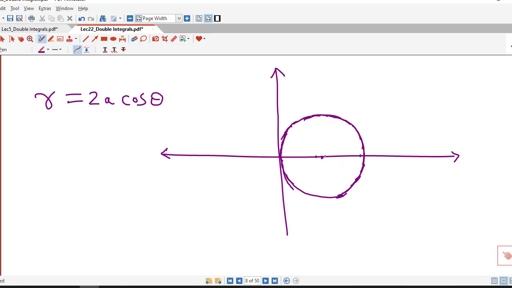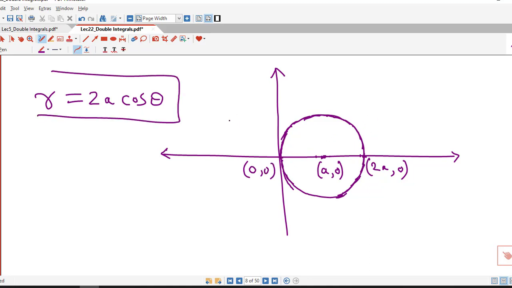Suppose this distance is a, so the circle has center (a, 0) and radius a. Because this radius is a, this point is going to be (2a, 0), and this is the origin. So r equal to 2a cos theta represents a circle with center (a, 0) and radius a.